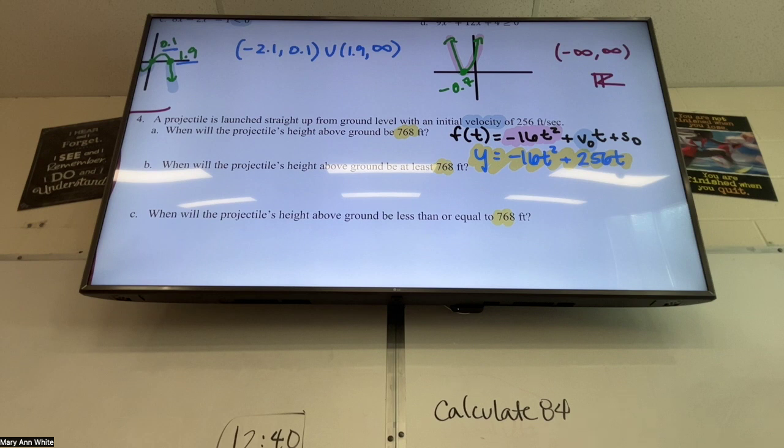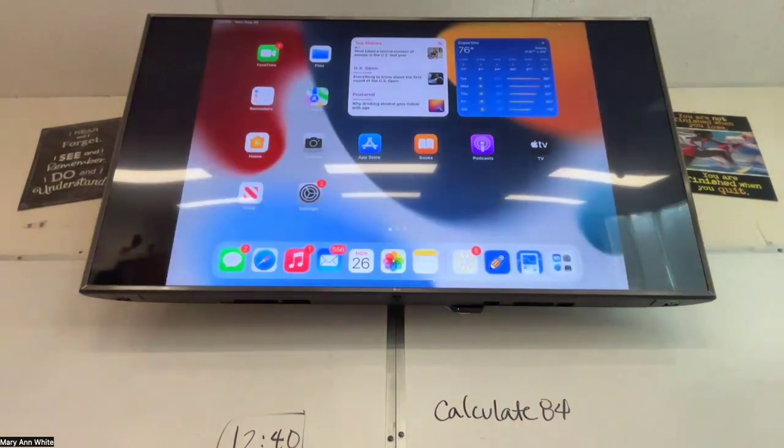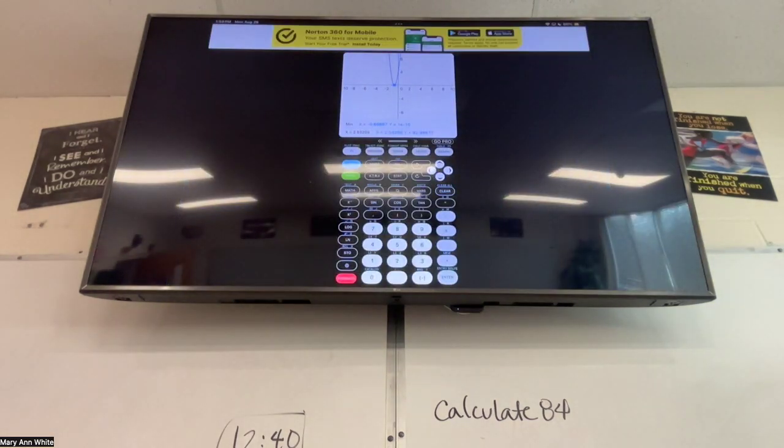So let's graph those two things, the equation and then that one line, and then we'll see a little bit of a sketch of what that means. And I will sketch it off to the side as we do it. Just type the equation and 768 in, and then we'll talk about what we think our window should be.